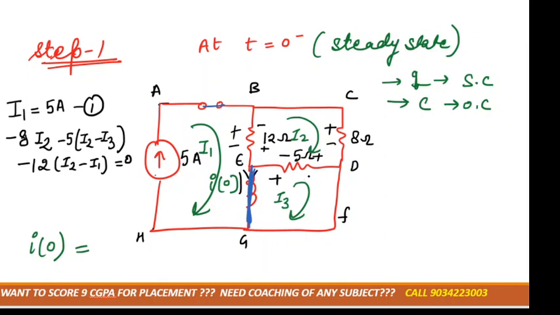Similarly, can you tell me the third mesh equation? Minus 5 is equal to 0. Simple, right?